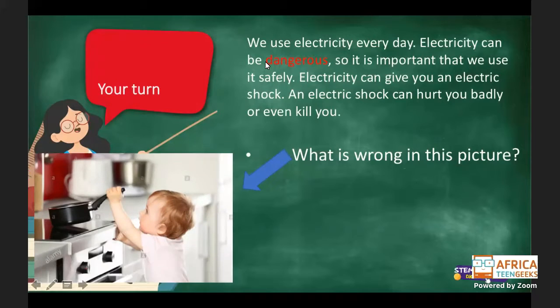What about this one? What about this following picture here? What is wrong in this picture here?